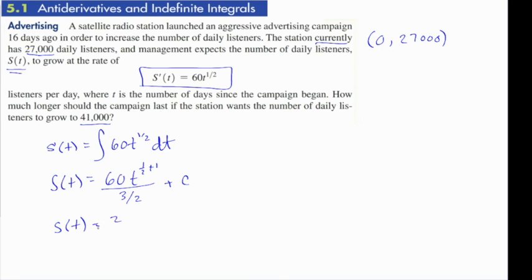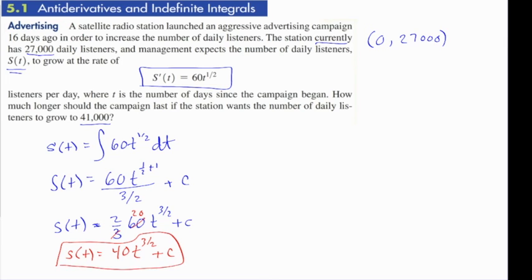And dividing by a fraction, we understand, is the same as multiplying by its reciprocal. So we have an s of t function equal to 40 t to the 3/2 plus c.